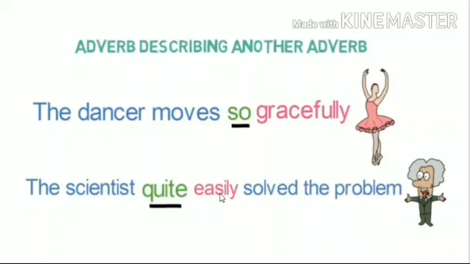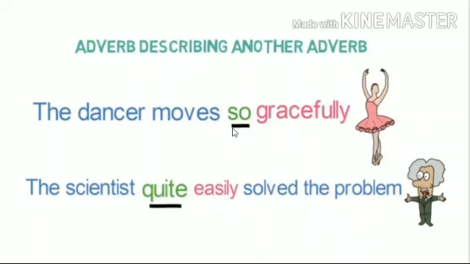In these two sentences we find that so describes another adverb, gracefully, and in the next sentence quite describes another adverb, easily. So in both these sentences we find two adverbs. This is how an adverb describes another adverb. I hope it is clear now.